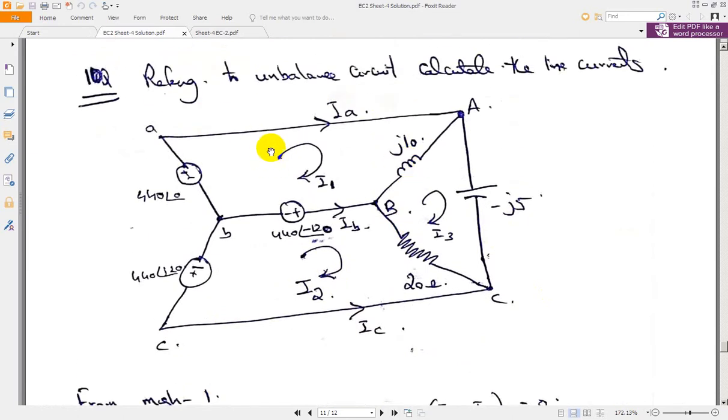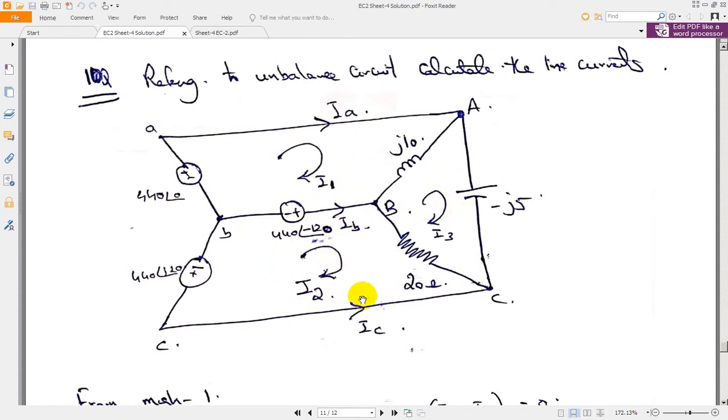For mesh analysis, we will name this as mesh 1, this as mesh 2, and this as mesh 3. For the evaluation, the line current IA is equal to I1, the current IB is equal to I2 minus I1, in this direction, and the current IC will be equal to negative of I2.